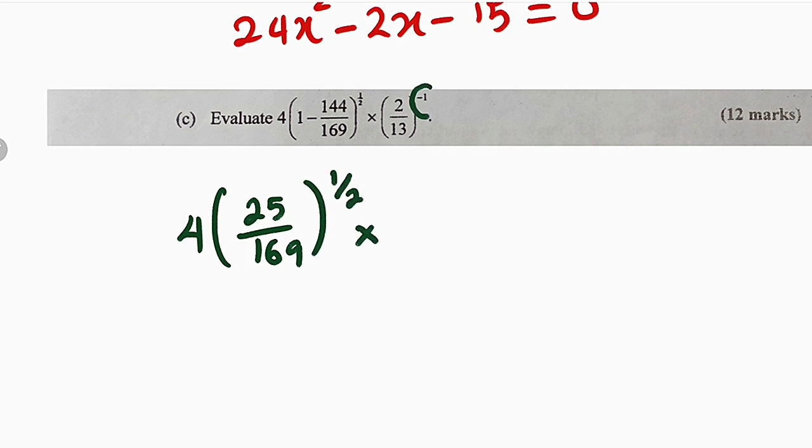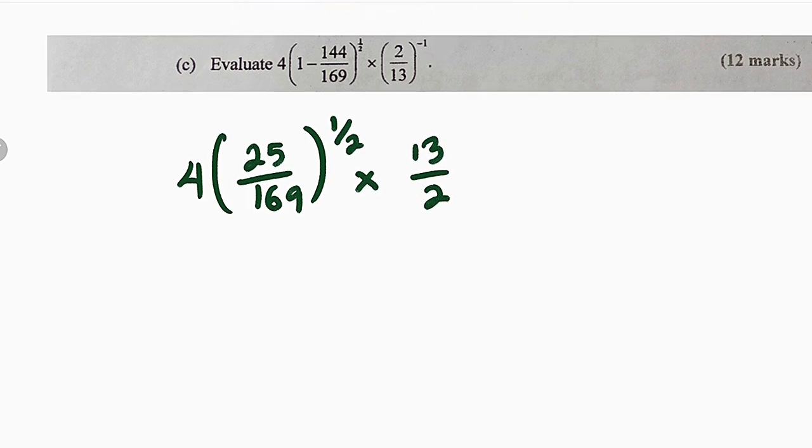Multiplied by, since we have negative 1 here, we can take reciprocal of this and neglect the exponent, right? So this becomes 13 over 2. Power of 1 over 2 is nothing but square root of that number. So this is square root of 25, which is 5.